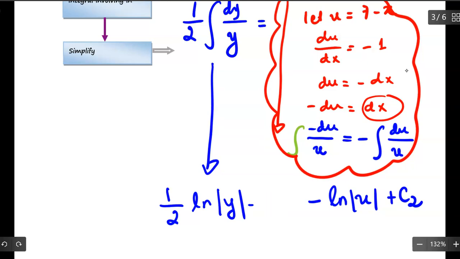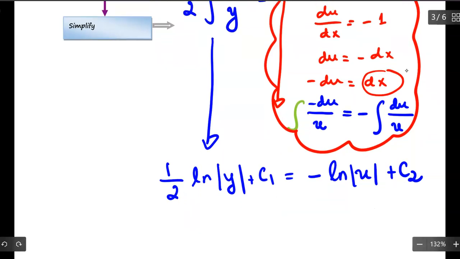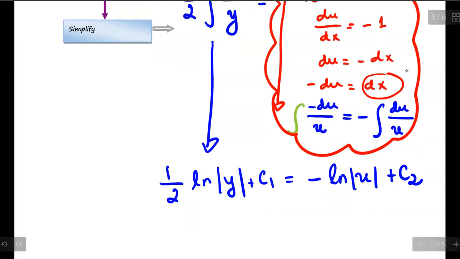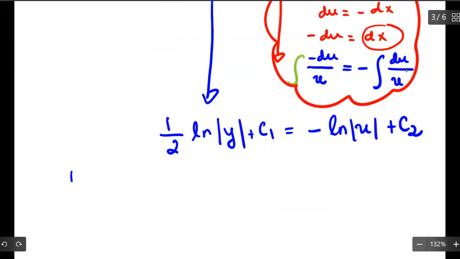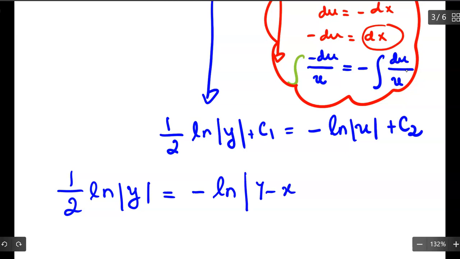Okay, so let's give it some room. Plus c1 equals negative ln of u plus c2. So next I'm going to replace this by negative ln of 7 minus x, and then c2 subtract c1.